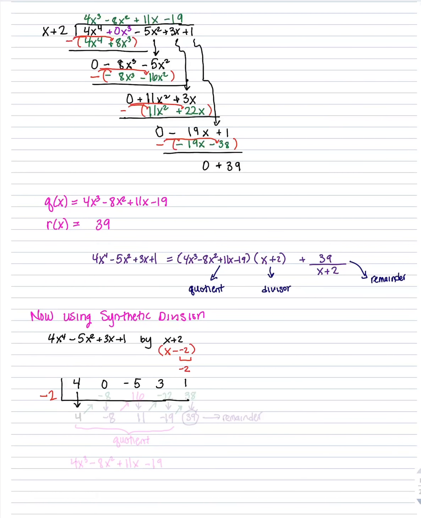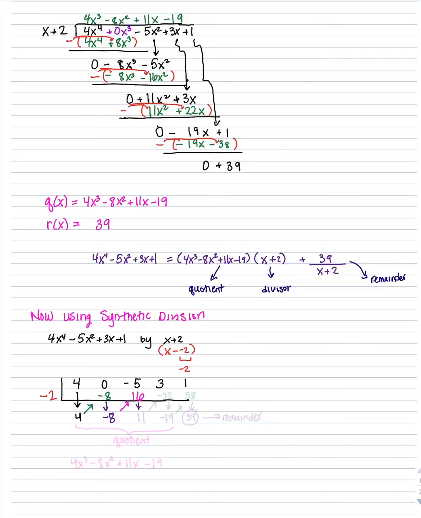So we bring down the 4 and we just have 4. 4 times negative 2 gives us negative 8. So we have negative 8. Negative 8 plus 0 gives us negative 8. Negative 8 times negative 2 gives us 16.